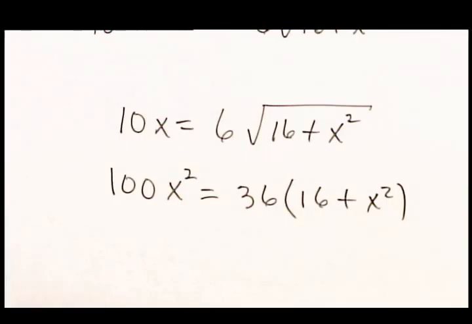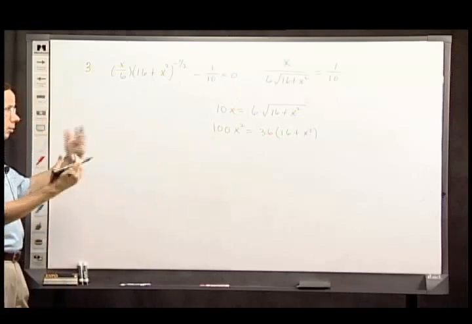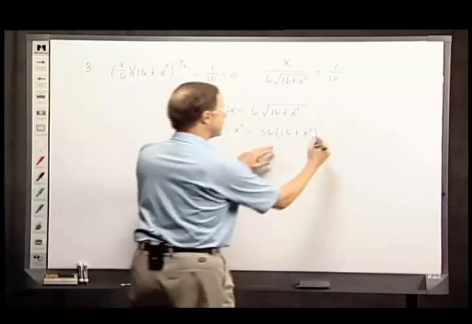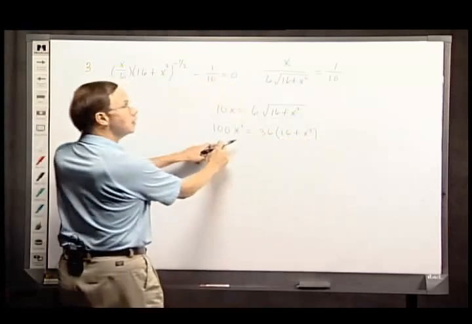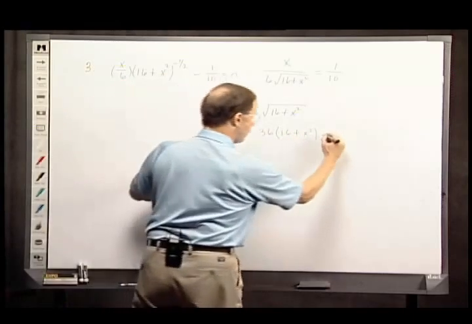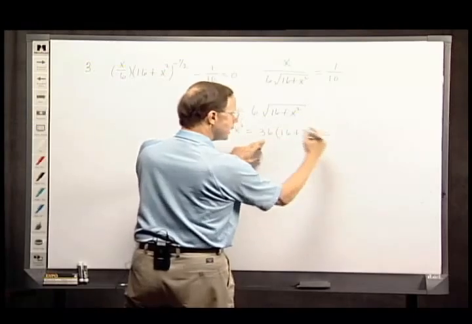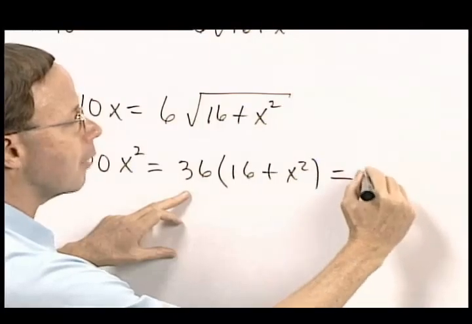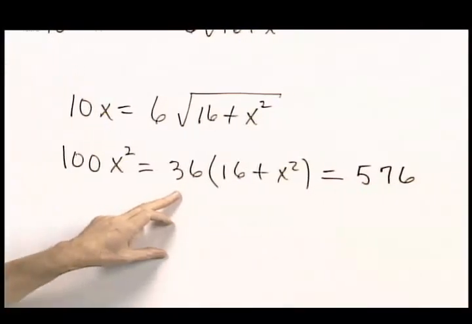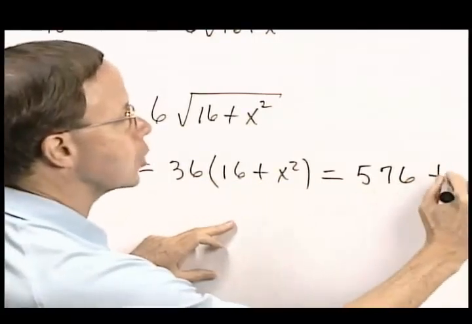And now I notice I have x squareds on both sides. Let me multiply this out because I want to move the x squareds eventually over here. This will be 36 times 16 is 576 plus 36x squared.